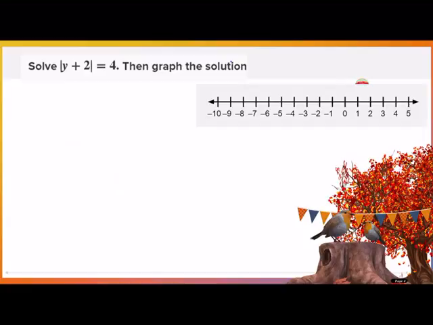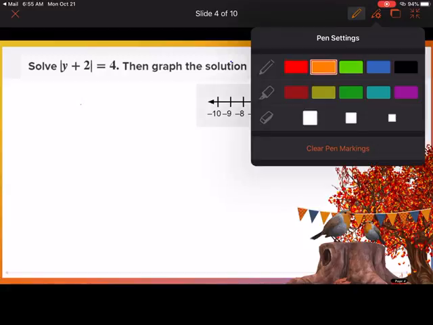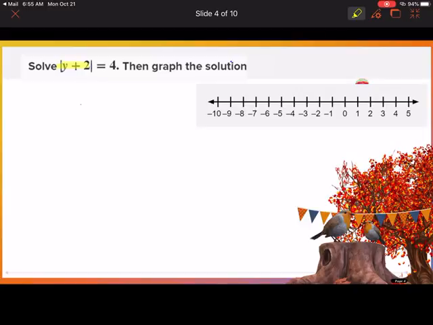So let's do this one. We're going to solve and then graph. So if I look on this side here, the absolute value is already isolated, which is cool, so we can just go on and solve.